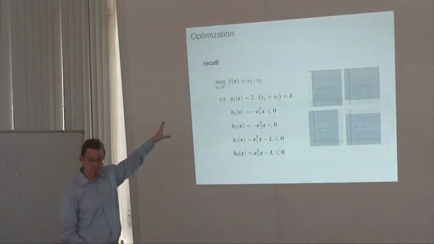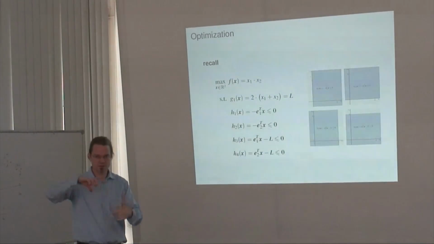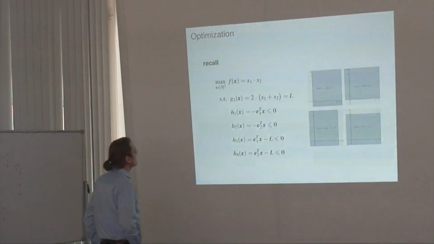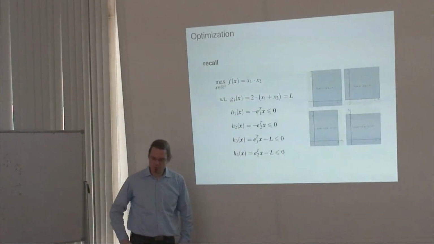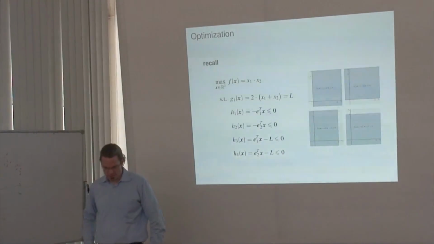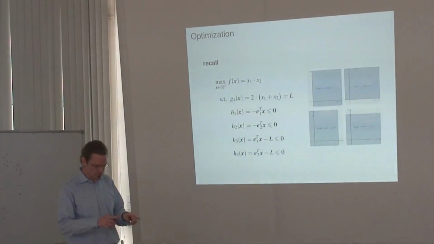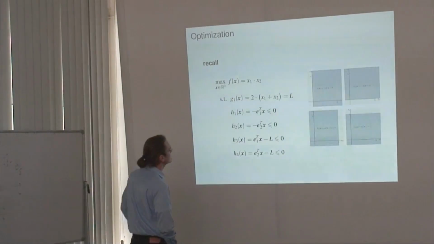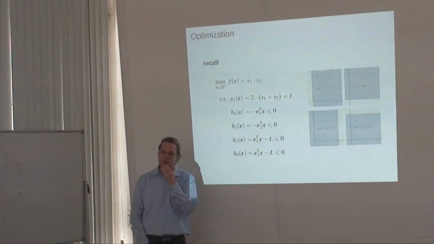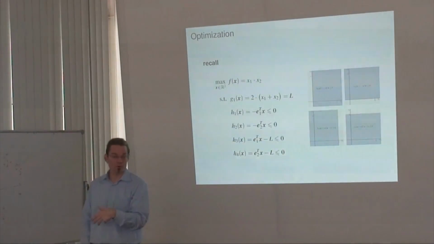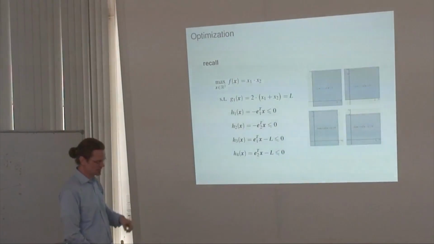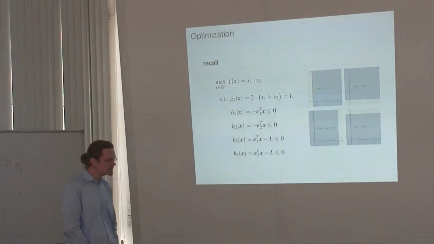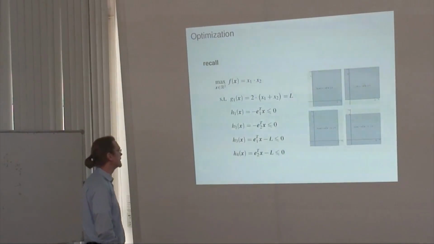Now this was actually a maximization problem because the area had to be as large as possible, not minimization. But we said it could be understood as the problem of maximizing the product of the two side lengths, x1 and x2, under the constraint that 2 times the sum of the side lengths has to give the overall length of the wire.